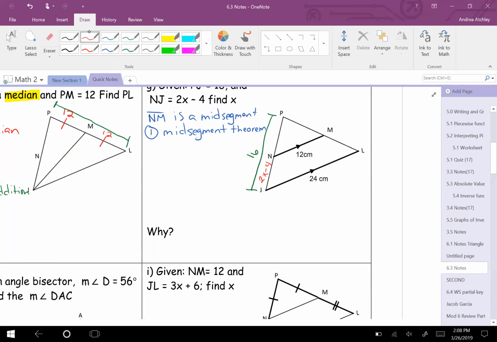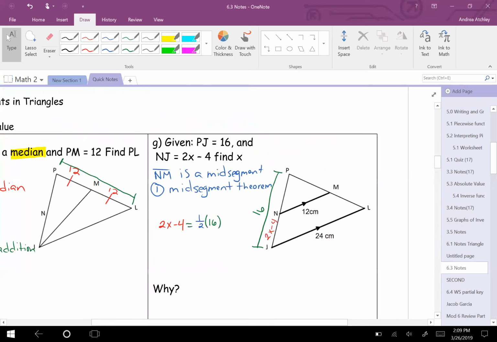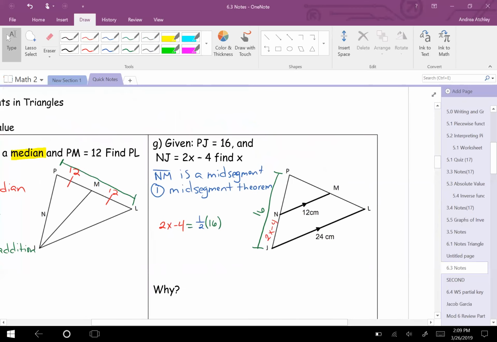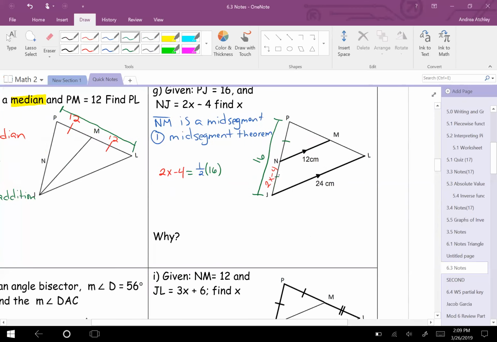Okay, so we would have that 2x minus 4 is equal to half of 16, because these two pieces are congruent. This is congruent to this. So each piece has to be 8.